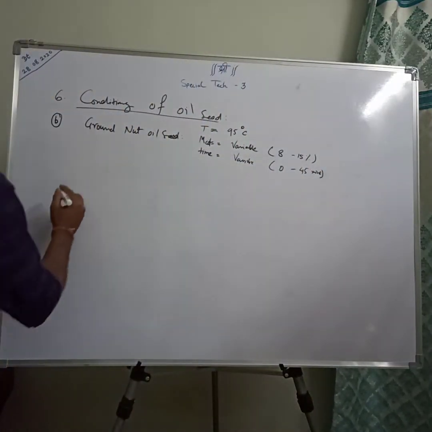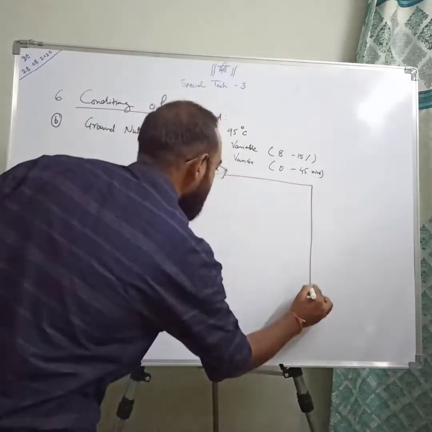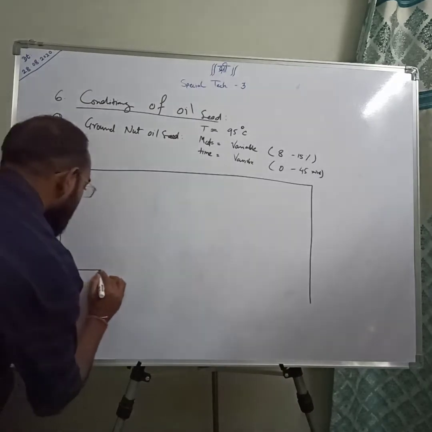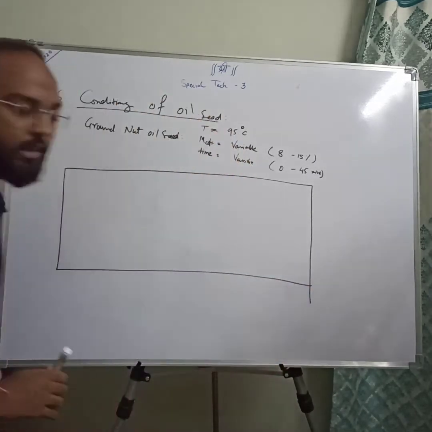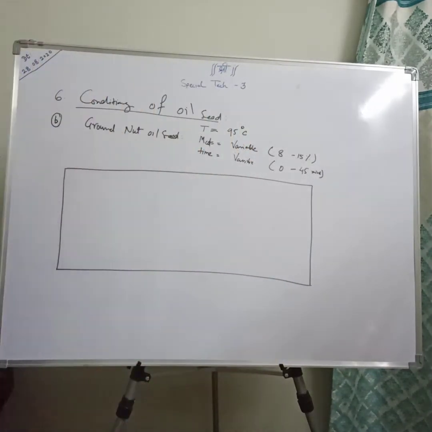So the same type of graph is there, but there is quite a change in parameters and a few changes in the graph.